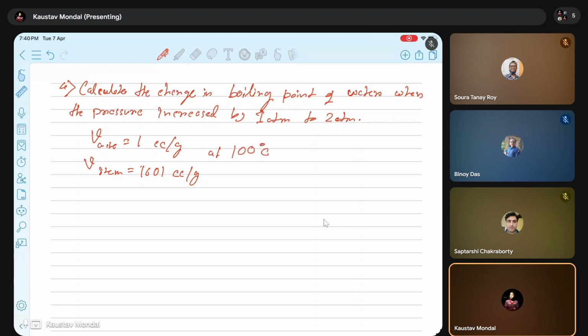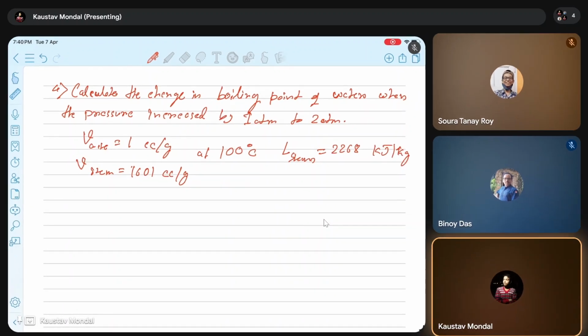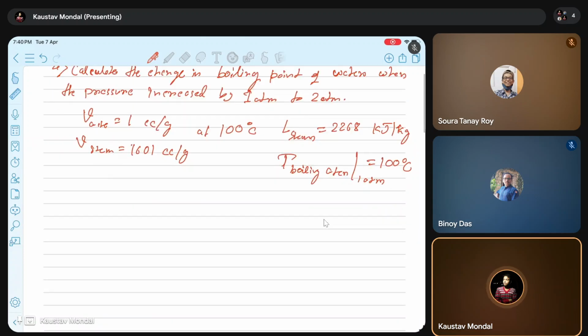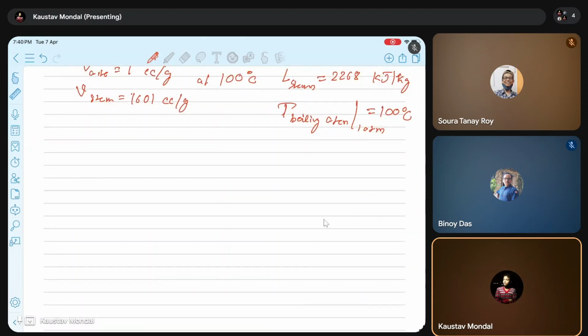The latent heat of steam is given as 2268 kilojoule per kg, and the boiling point of water at 1 atm, that we know, is 100 degree centigrade. So in this case, you have to calculate the change in boiling point of water.